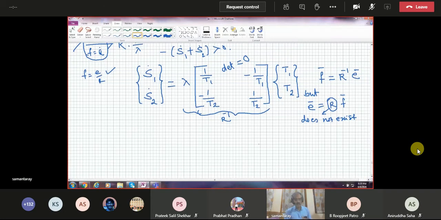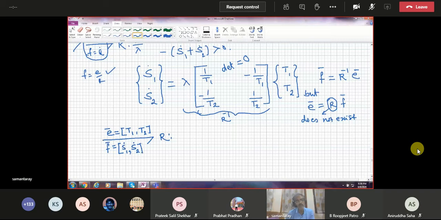It will be R, whatever this matrix, and here effort E1, E2, and flow, that is a vector, H1 dot, H2 dot, transpose.